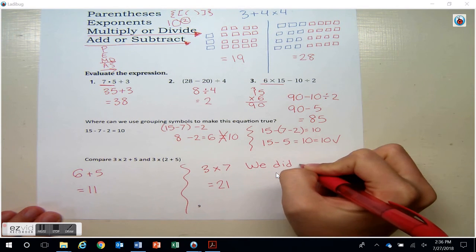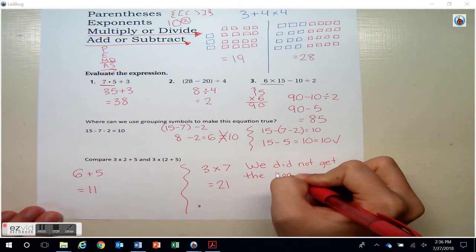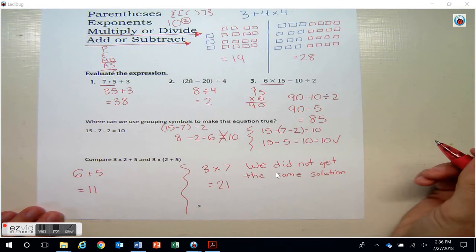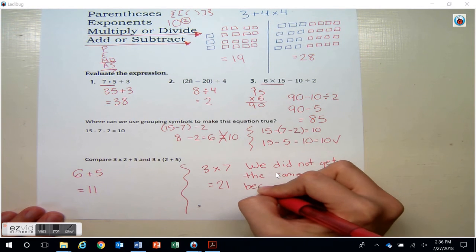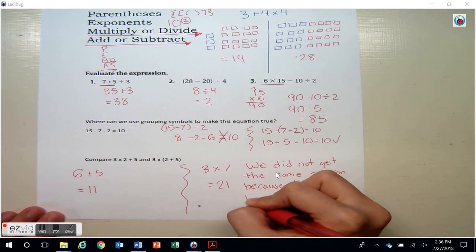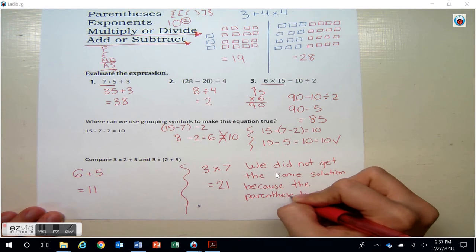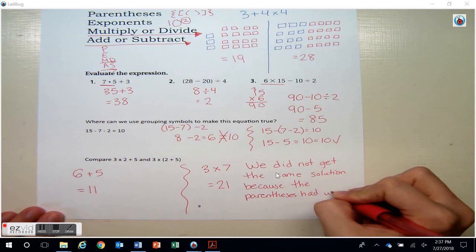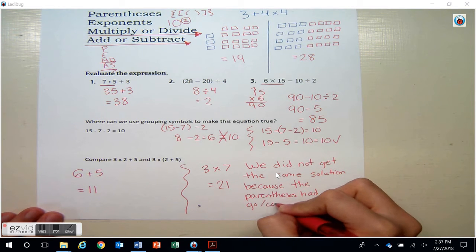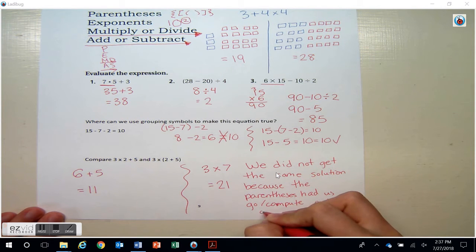We did not get the same answer or solution because the parentheses had us go and compute out of order.